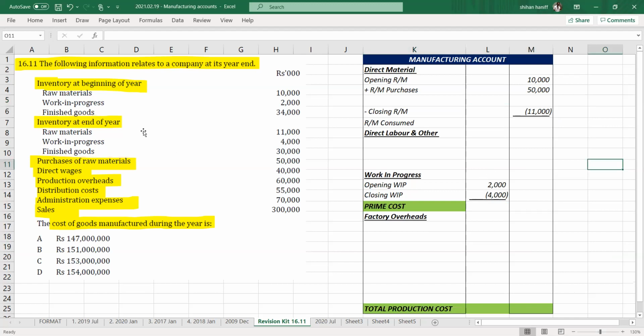Direct wages, direct labor and other, 40,000. Production overheads, factory overheads, 60,000. Distribution cost, administration expenses, sales. So these things won't come to the manufacturing account.